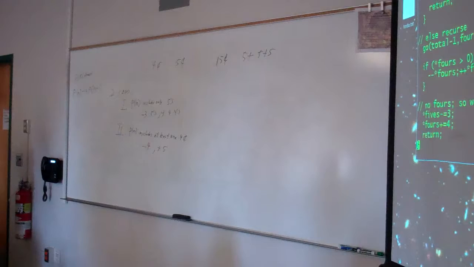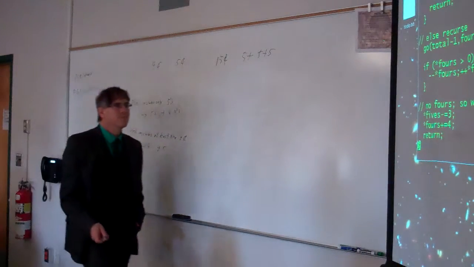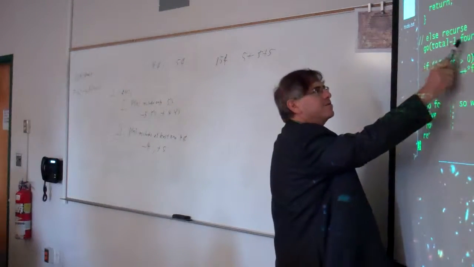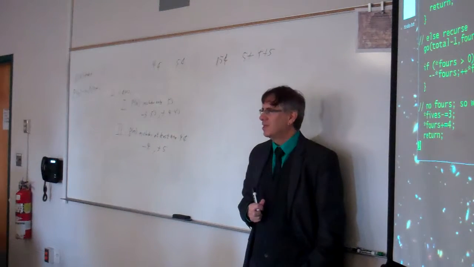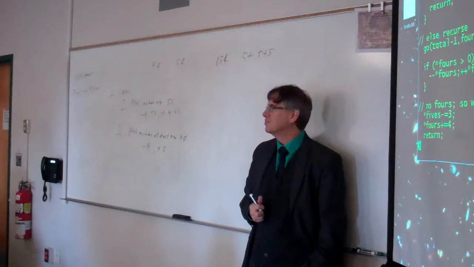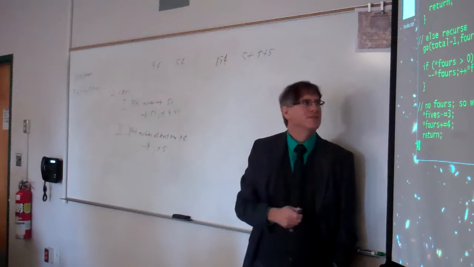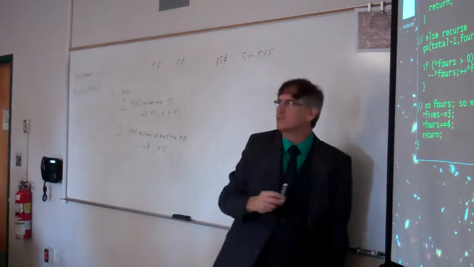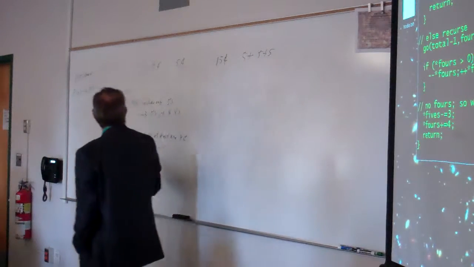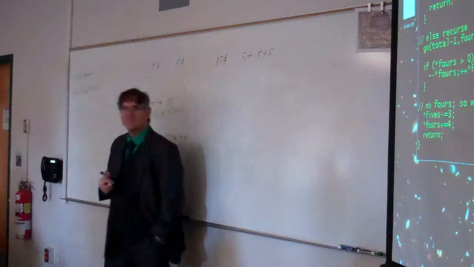Otherwise, here's what I do. I solve the problem for total minus 1. And how do I do that? I use my go routine. So I say, for total minus 1 cents, how many 4s and how many 5s do I need? So I find the solution, P of n.